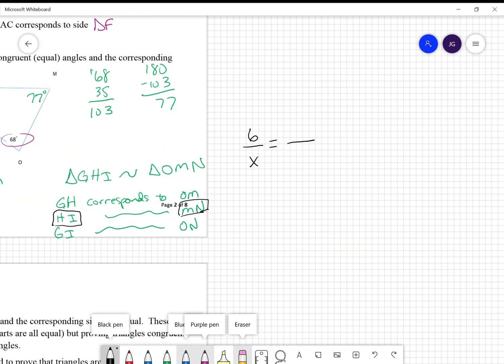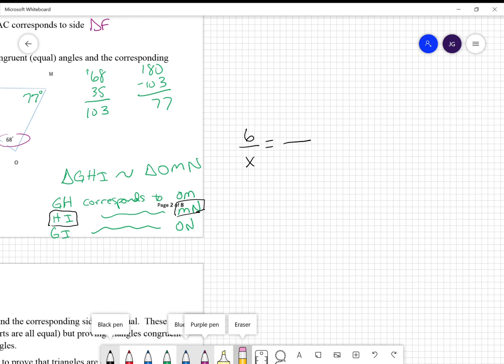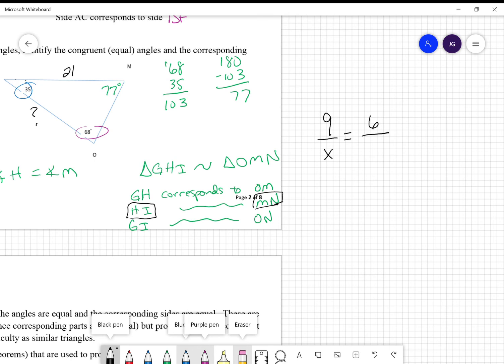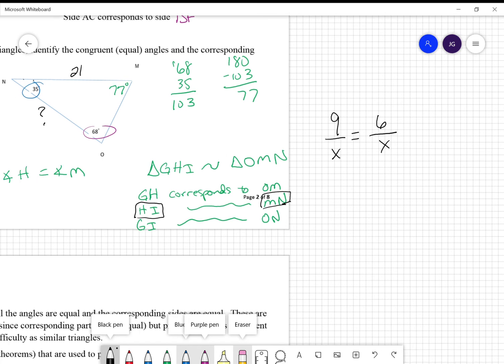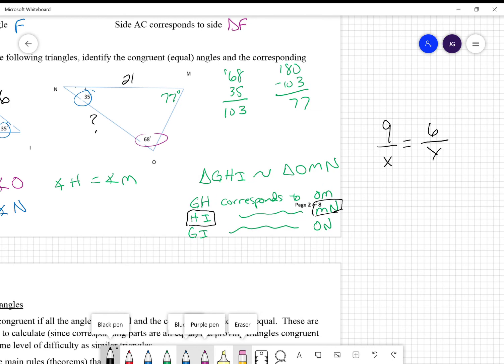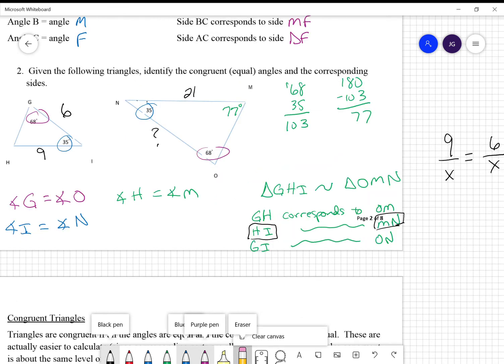Okay, so HI is 9. So I can see now my proportion and my triangles.